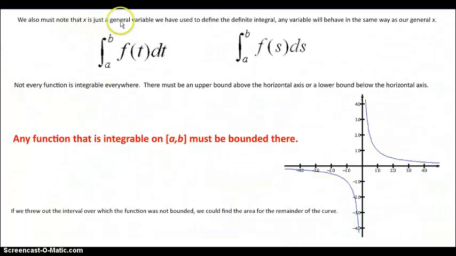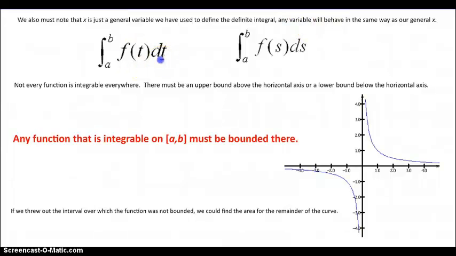We also must note that x is a general variable. I've said over and over and over that we're not going to let notation trip us up. Just because I teach using y and x doesn't mean you won't encounter other variables. All of the relationships that we're going to be taught that hold true and all the properties of the definite integral work for any variable.